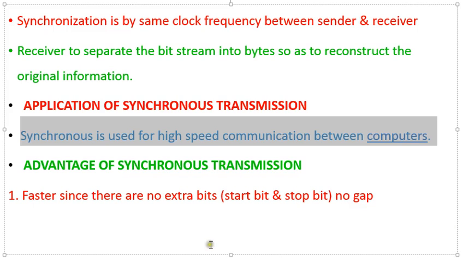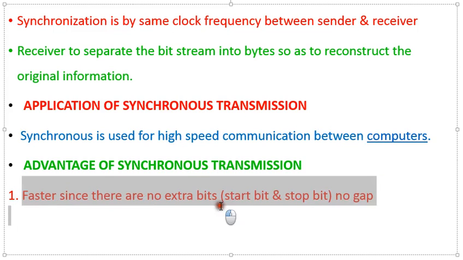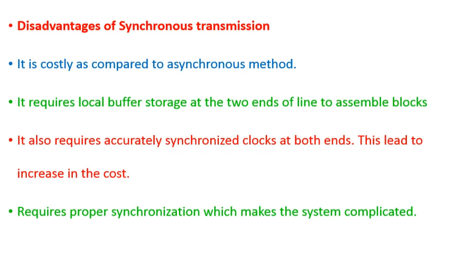The advantage of this one is that it is faster, because we don't have any extra bits like the start and stop bits in asynchronous, and also there is no gap between one character and the next.